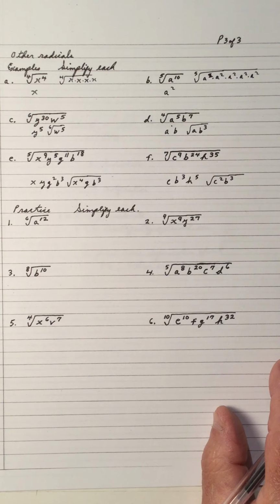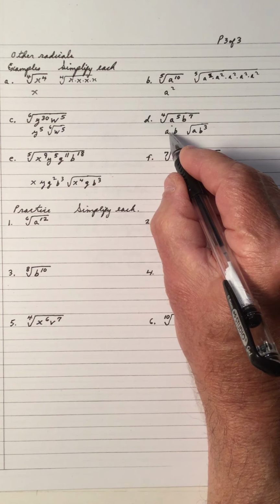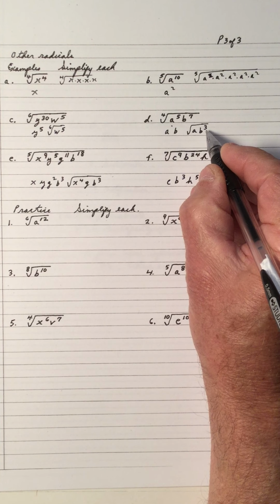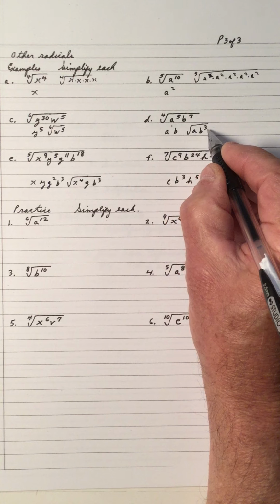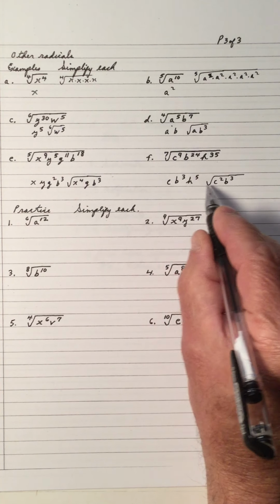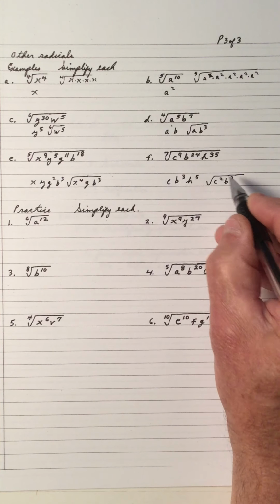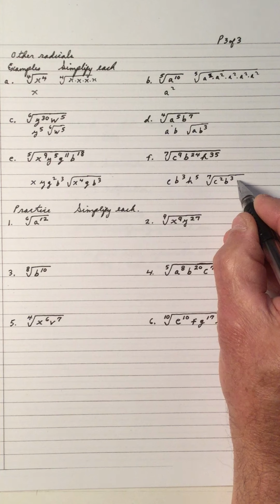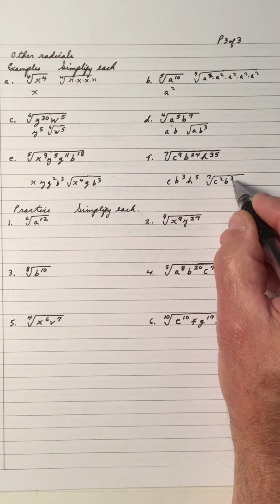And just remember that on the fourth root, when that a is out here, that means to go back in here, it has to be a to the 4th. To put that b back in here, it has to be b to the 4th. So every one of them that comes out, to put them back in, I forgot to put the 7 there. Every one of these that go back in here, you got to multiply by 7. It's the reverse.